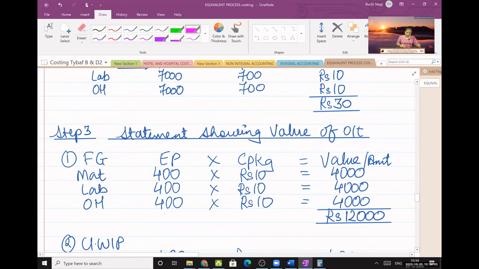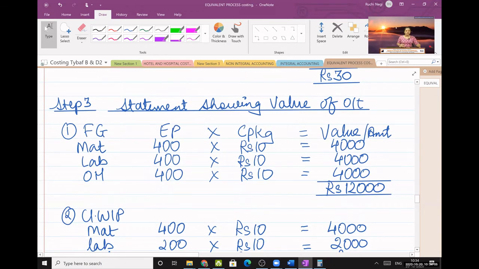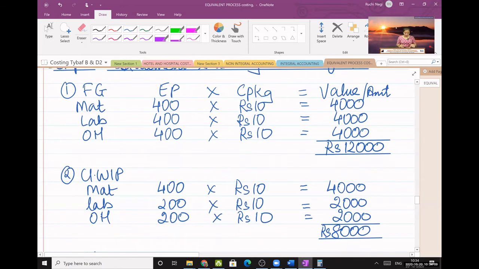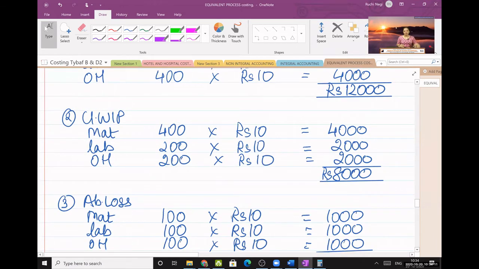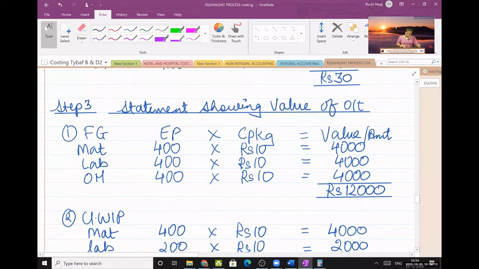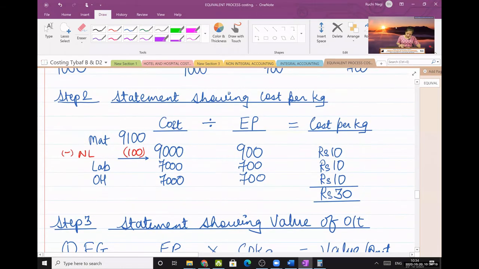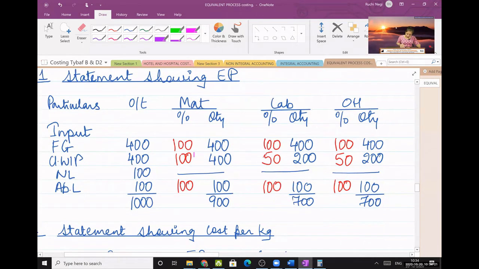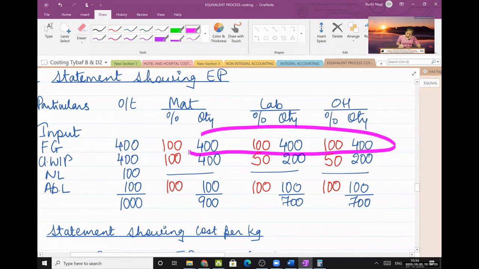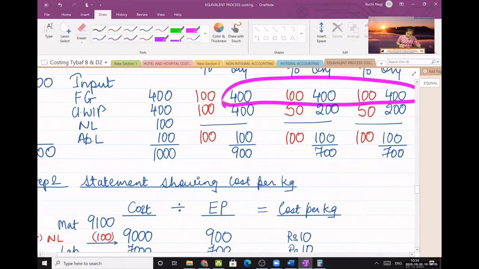So first start with finished goods. My output is now divided into 3. One is finished goods, one is closing WIP, and one is abnormal loss also. So check step 1. How much were the finished goods in step 1? 400, 400, 400. So write it here.